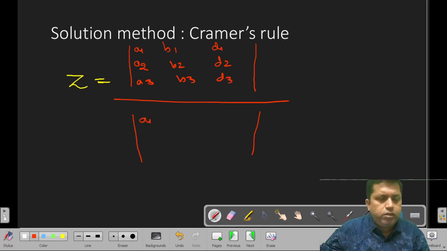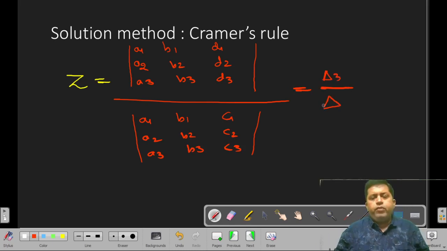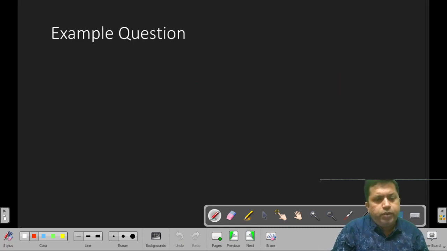The denominator is the matrix with no change. This is written as delta 3 divided by delta. In this way you can find Z. Okay, so clear.